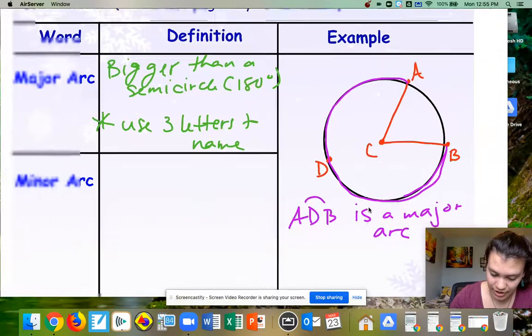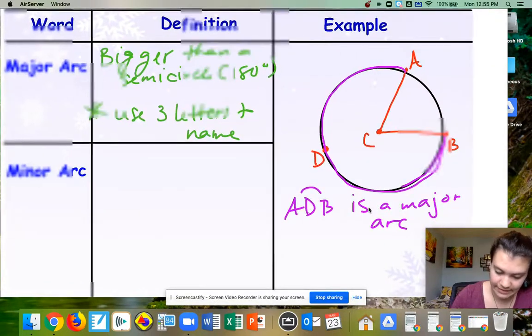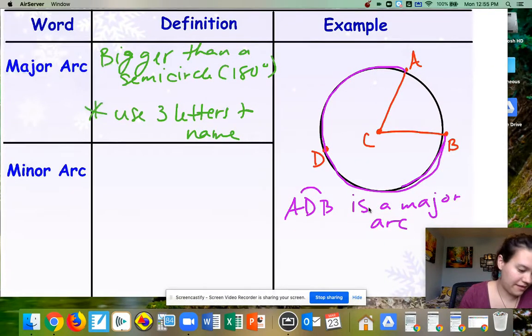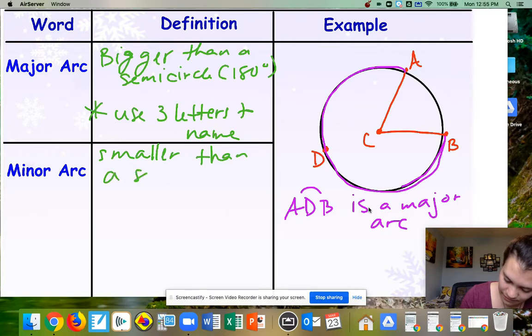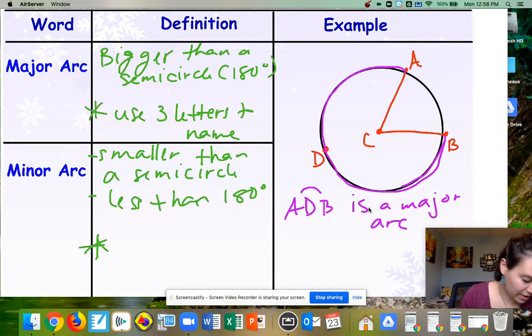So then a minor arc, it just means it's less than 180 or less than half a circle. So smaller than a semicircle, or less than 180. Here you would name a minor arc using 2 letters.